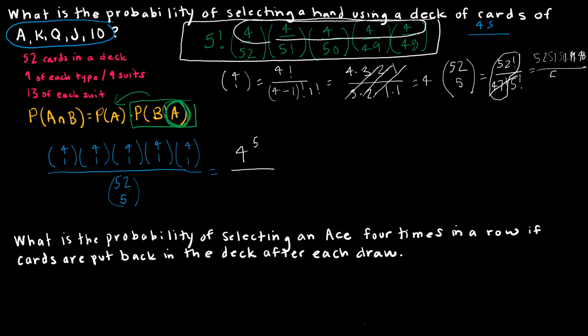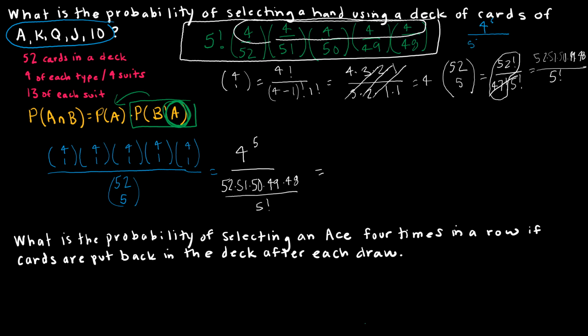So now I have over 5 factorial. So down here I have 52 times 51 times 50 times 49 times 48, because the 47 factorial canceled out, divided by 5 factorial. Which means what I really have, and again up here we had 4 to the 5th.